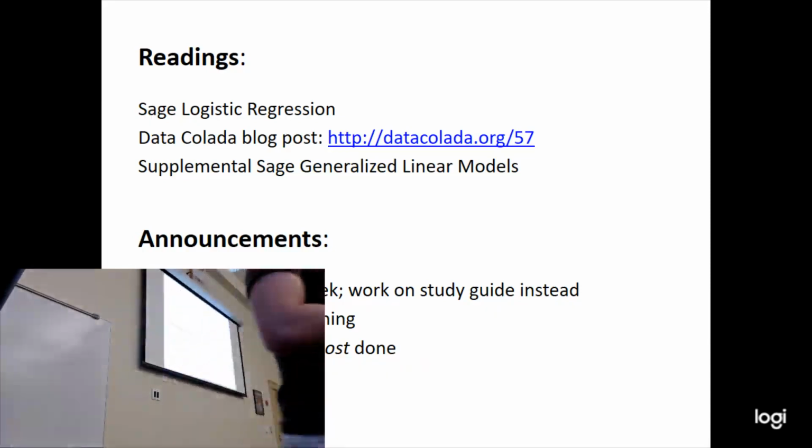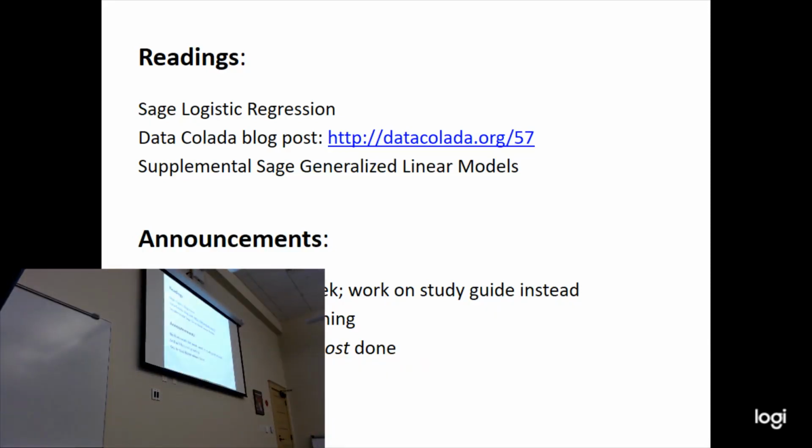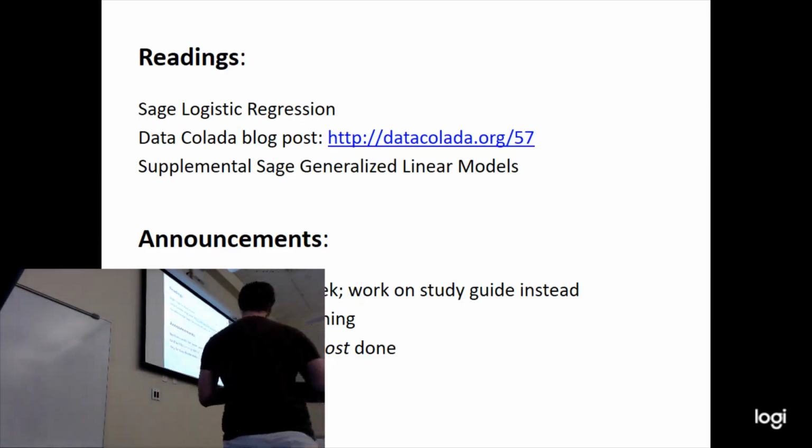I've also posted a supplemental reading that I by no means expect you to read, but I'm giving it to you as a resource because if you have to use the generalized linear model, and you want to know more of the guts of how the model works, this could be a good resource for you. So this is the kind of thing that you might save in a folder of readings, or if you happen to be working on a research project that involves this kind of model, look to this reading and you might get some useful information.